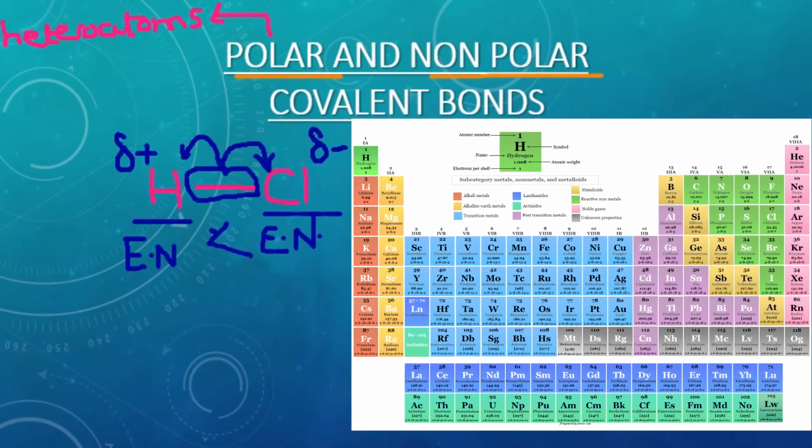As hydrogen is considered in the first group, although it's not an alkali metal, we can consider it in the first group, and chlorine is in the 17th group. As chlorine is almost at the rightmost position while hydrogen is at the start, chlorine is more electronegative.